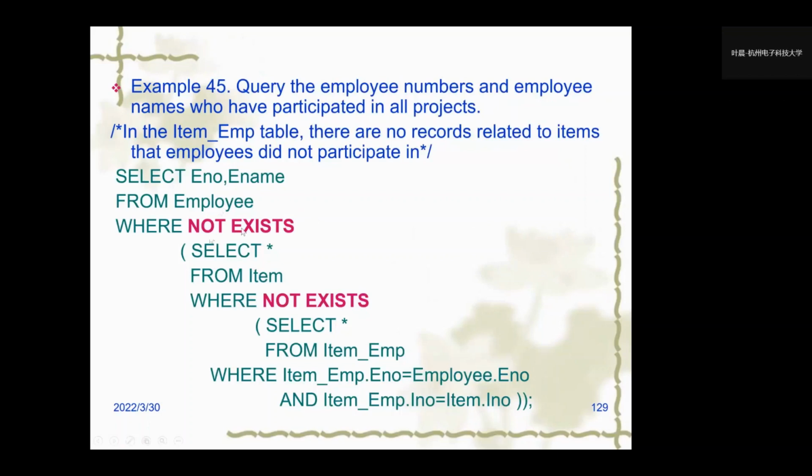So we have another not exists to represent that there are no records related to the items that the employee does not participate in. So this not exists is referred to this, and this not exists is referred to no records. So here we use two not exists.